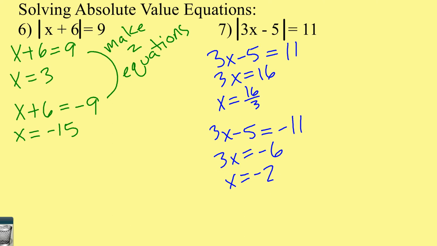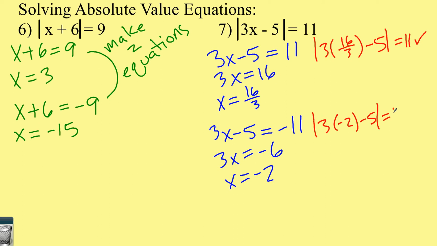We can plug those in and easily see that they work. 3 times 16/3 is just 16. Minus 5 is 11. The absolute value of that is 11. Plug in -2. 3 times -2 is -6. Minus 5 is -11.